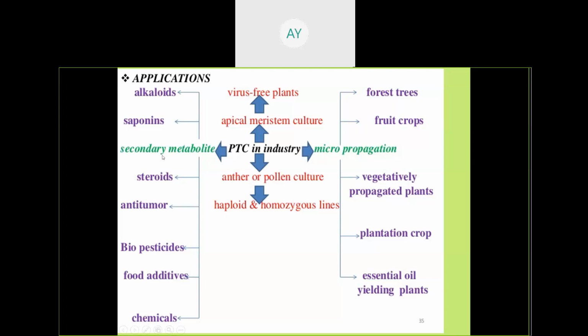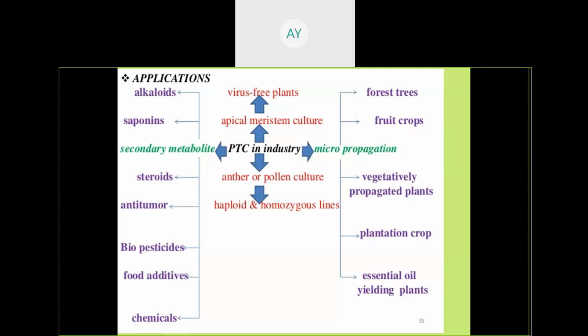It can have useful compounds, it can be steroids, it can be anti-tumor compounds. So it can have chemicals used for treatment of different types of disease. These are the different chemical compounds secreted by the plant itself through metabolic activity.